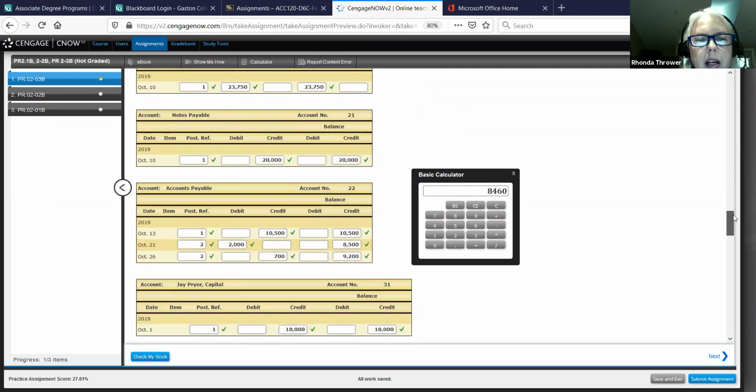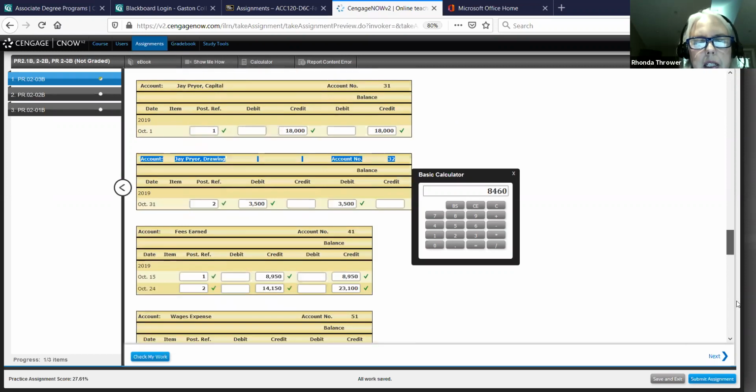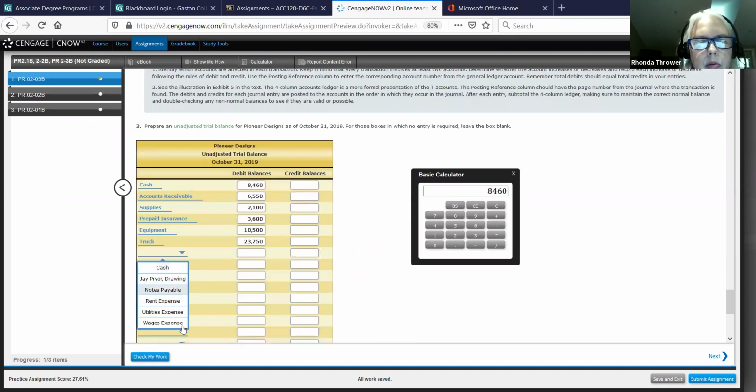Our next account is notes payable. It has a credit balance of $20,000. Be careful here. Notes payable, credit balance of $20,000.